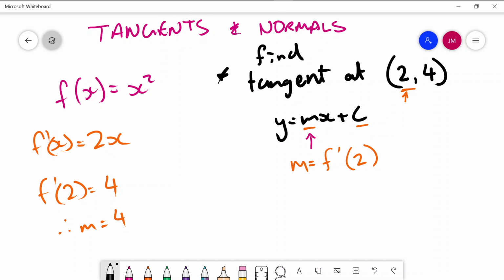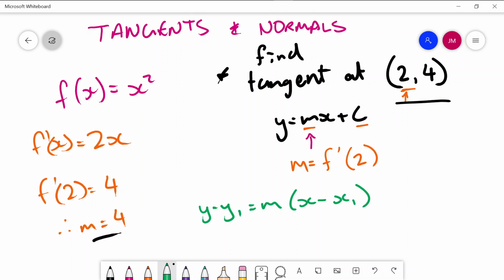From there we can use our linear equations to solve. We have 1 point and a gradient. So we could use y minus y1 equals m outside of x minus x1, or if you want to, you could use y equals mx plus c, just an extra step involved there.